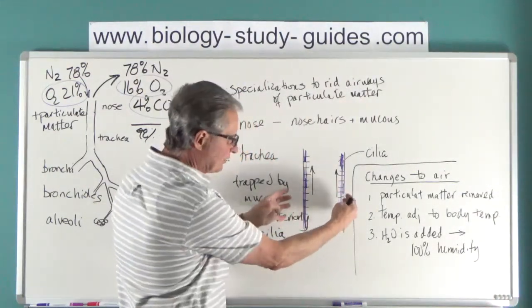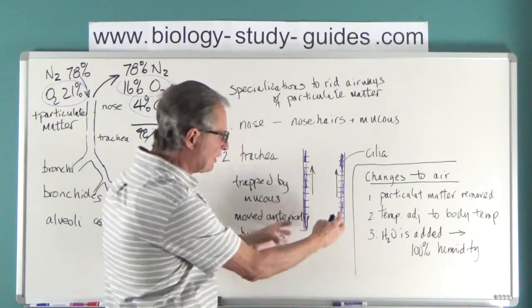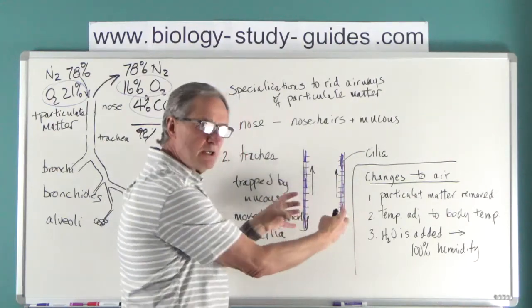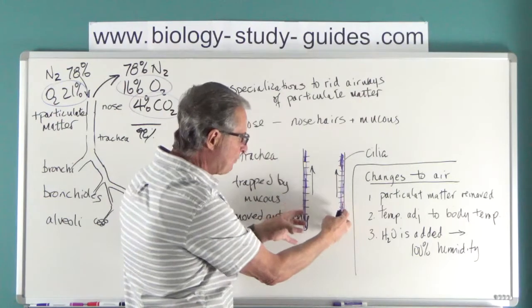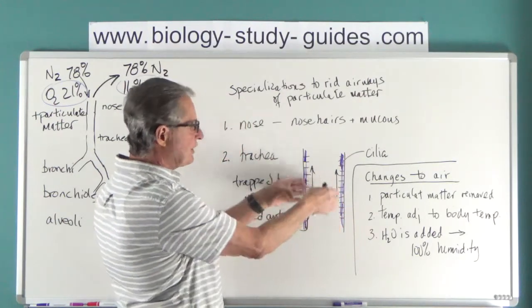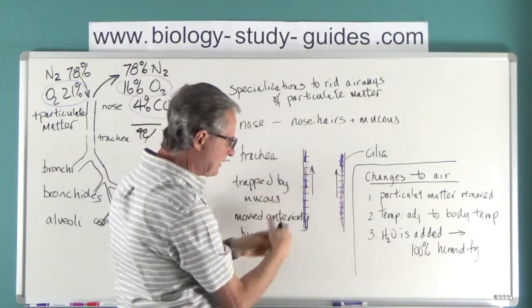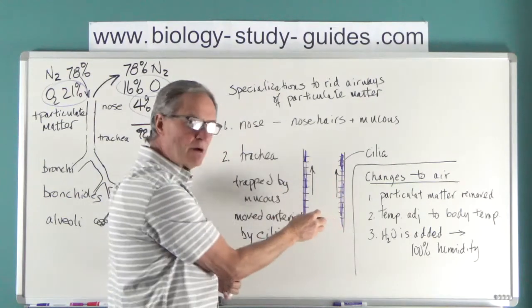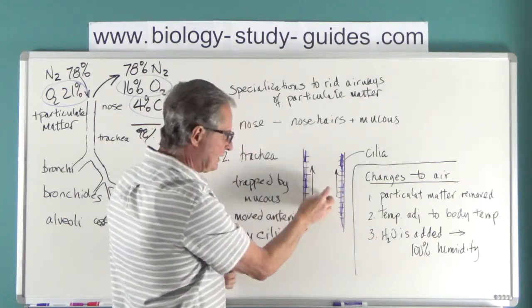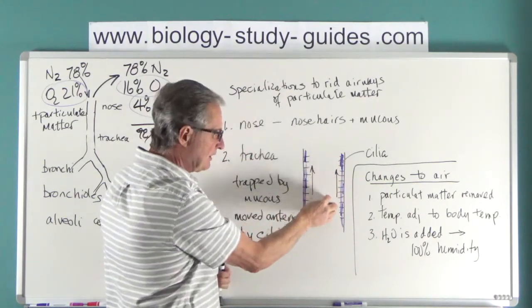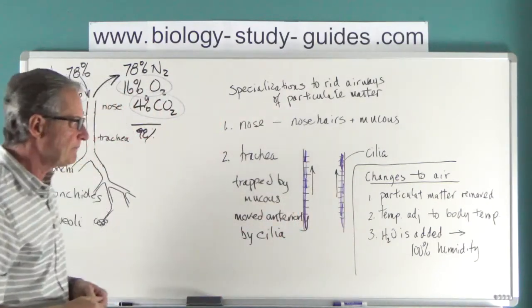So the cells along the trachea and along the bronchi and bronchioles are constantly secreting water, and that water forms the mucus here, which gets driven up. But at the same time as the air is being pulled down, it's increasing in humidity, becomes 100% humid.